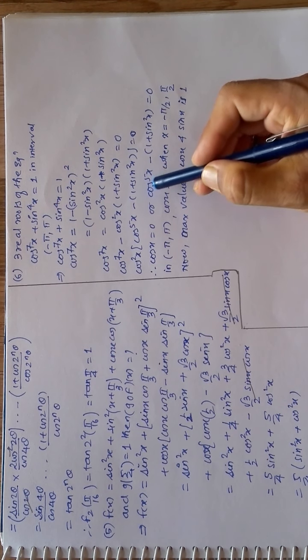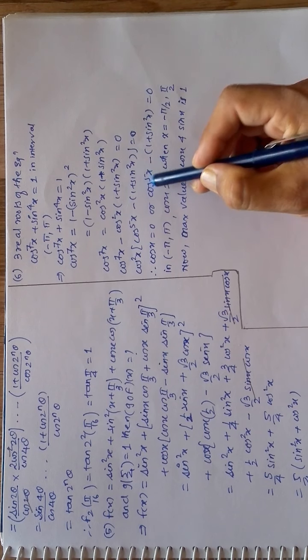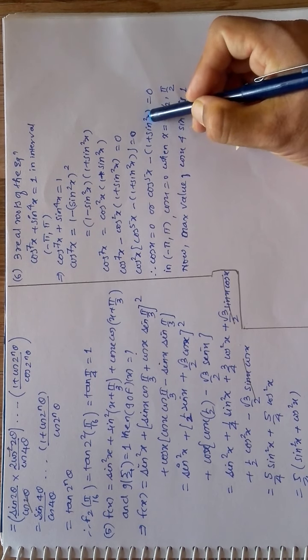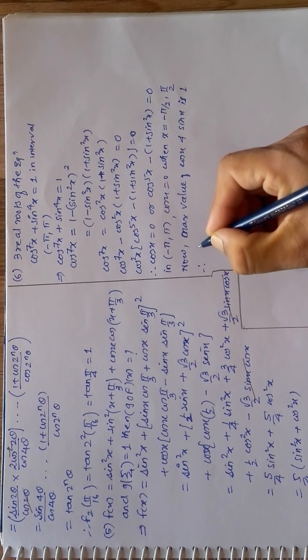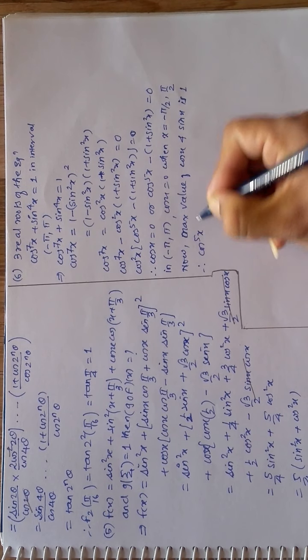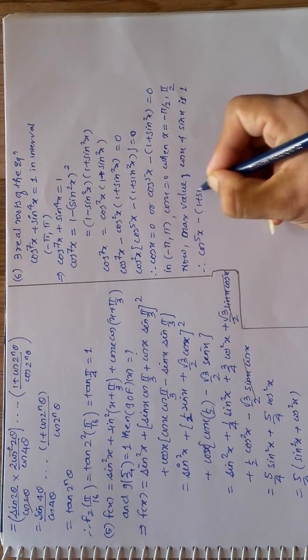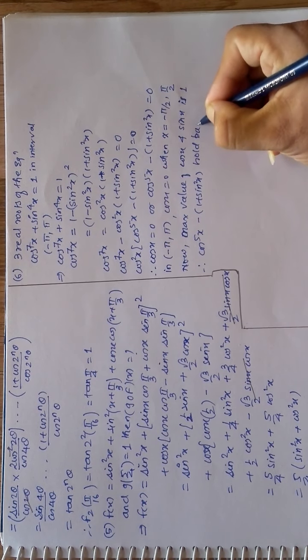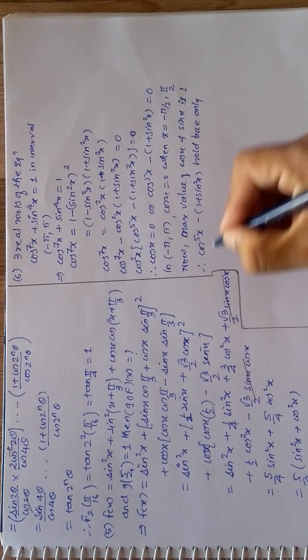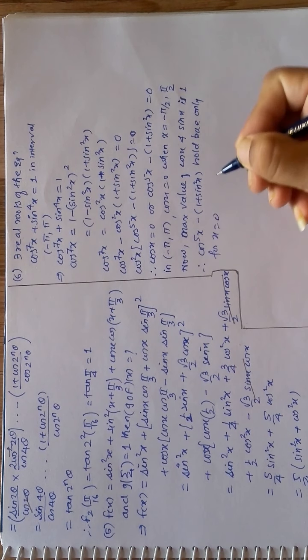So this will become cos 0, which is 1, and this is sin 0, which is 0. So therefore cos raised to 5x minus 1 plus sin square x holds true only for x equal to 0.